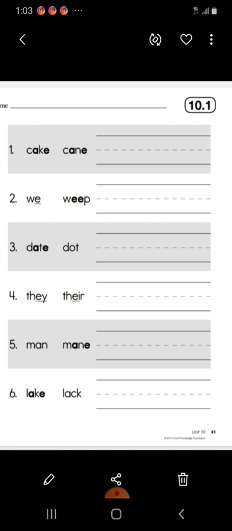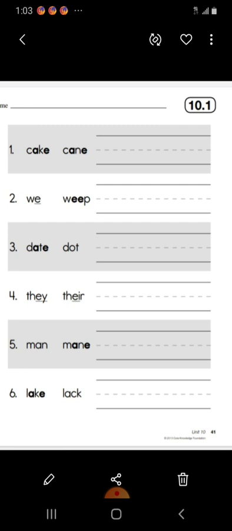We're also going to circle out the A sound and write them out on our workbook. Then write out words we don't know. Alright.